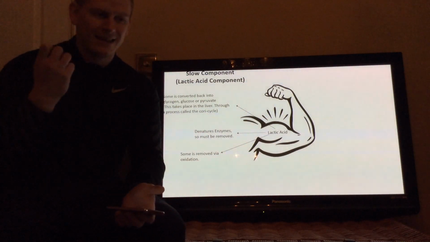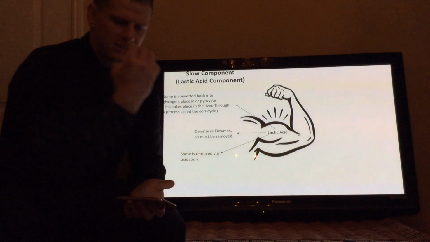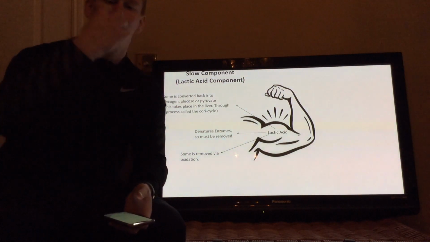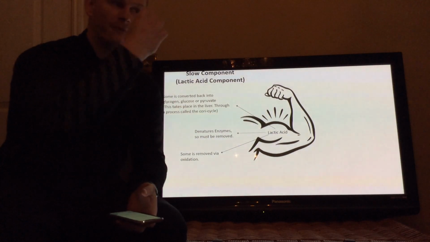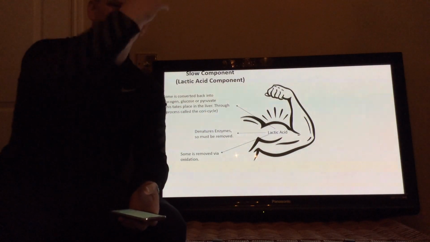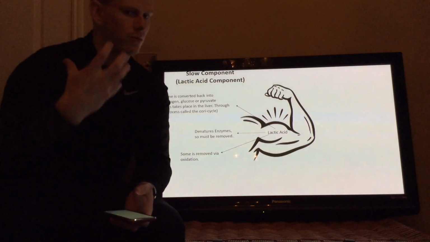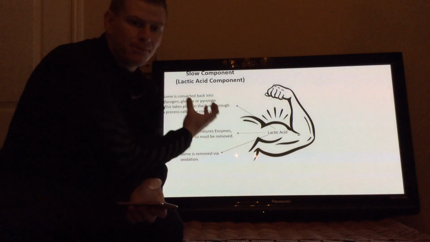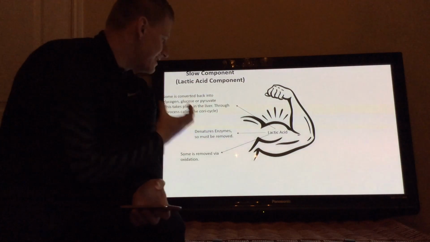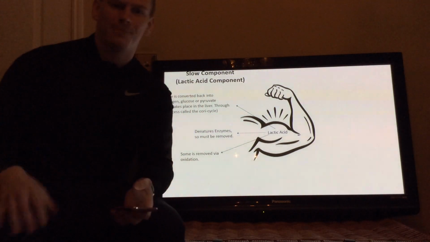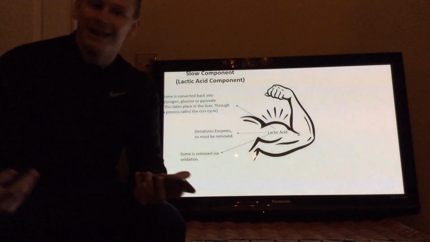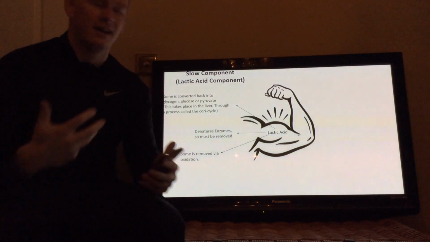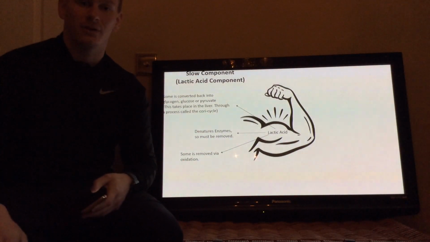So it would take this lactic acid, convert it into pyruvate, then some of it will get converted back into glucose, and some of it will even get converted back into glycogen. So through this process, my glycogen stores that would have been depleted through exercise can now be resynthesized without eating any foods. All right? Obviously, you would still eat some foods, but you can do it naturally through your body.